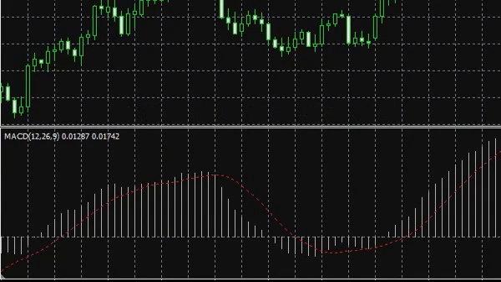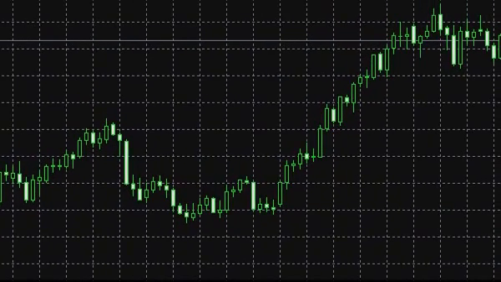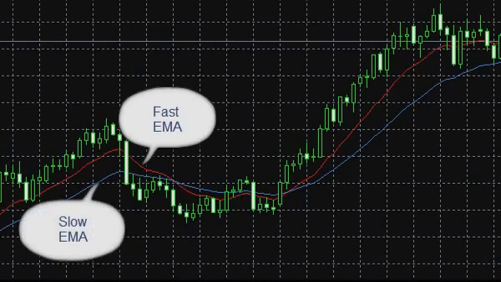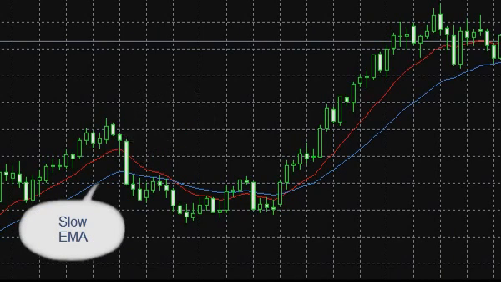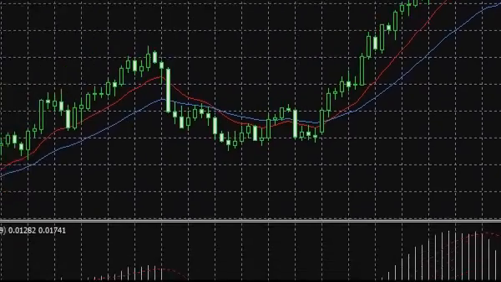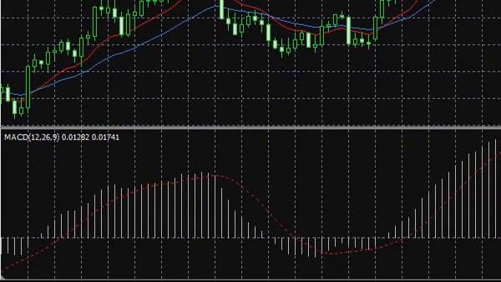For calculating the indicator values, two exponential moving averages, EMA, are used, a fast one with a shorter period and a slow one with a longer one, and the third is a simple moving average for smoothing the received results. Deducting the slow EMA value from the fast one, we get the values reflected in the indicator window in the form of a columnar histogram.